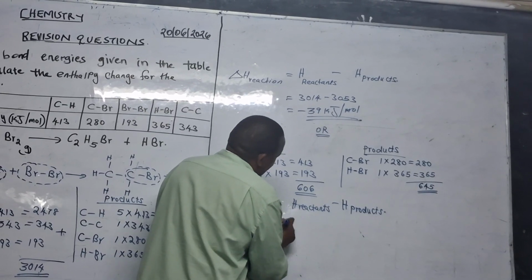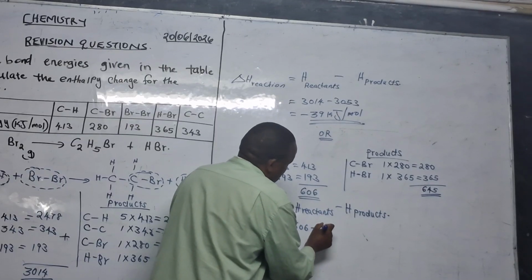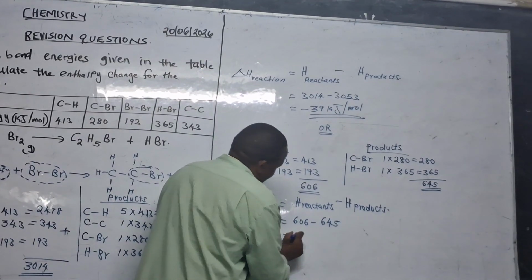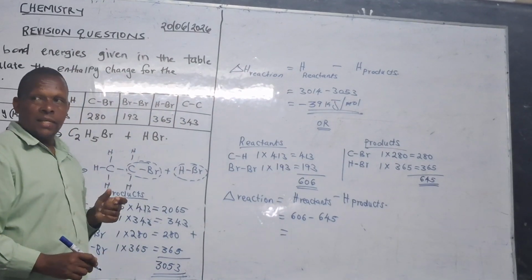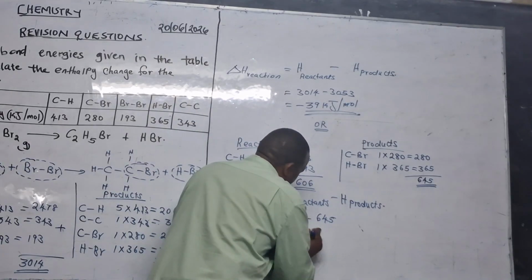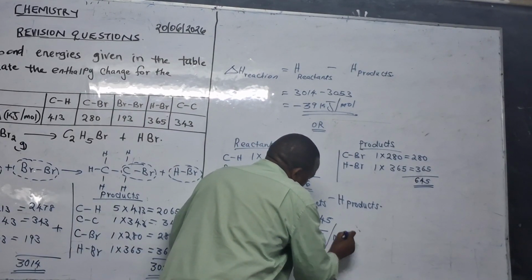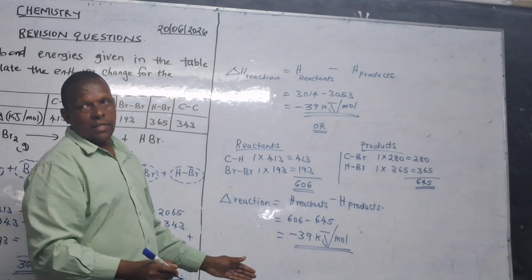Enthalpy of the reactants is 606, less enthalpy of the products, which is 645. 606 minus 645, what do you get? Negative 39. We get negative 39 kilojoules per mole. I hope you have noted that the two calculations are the same.